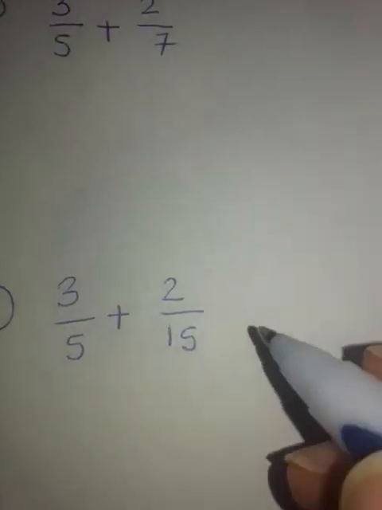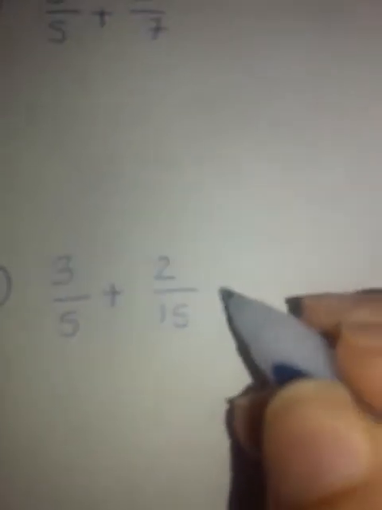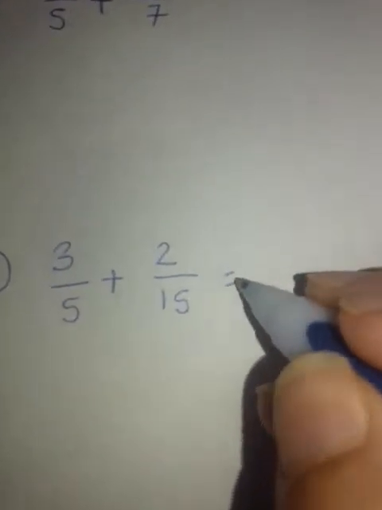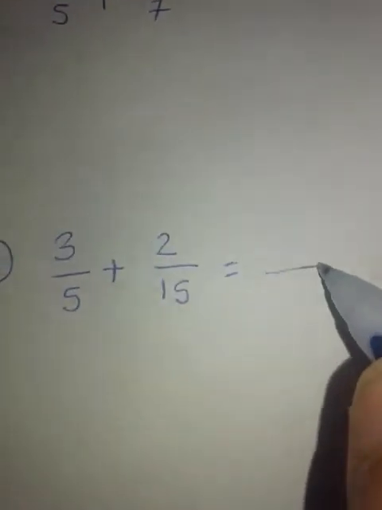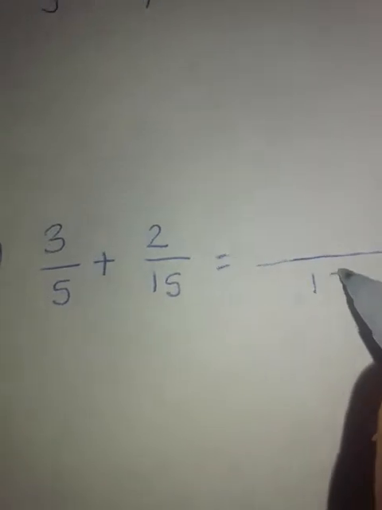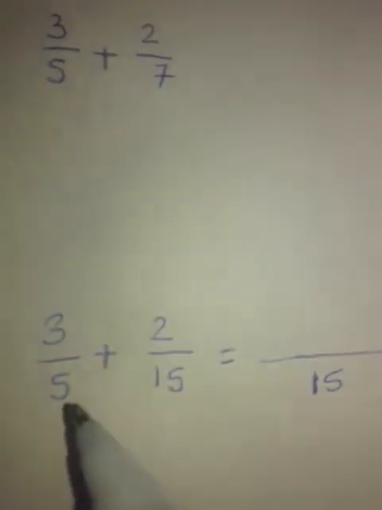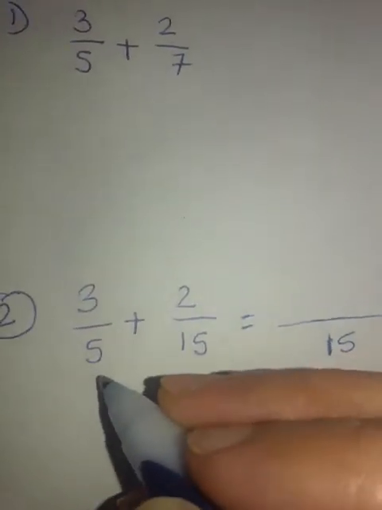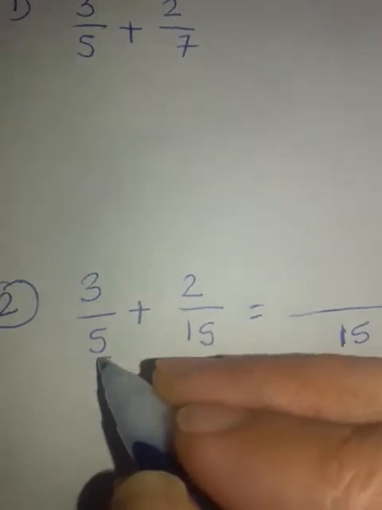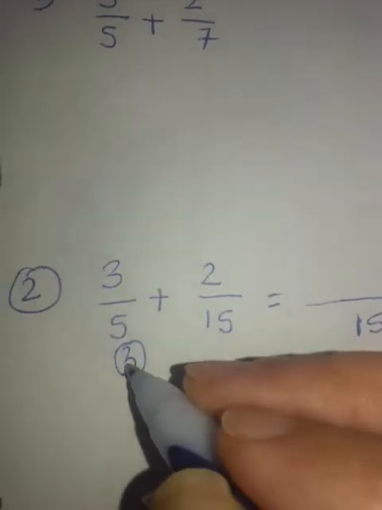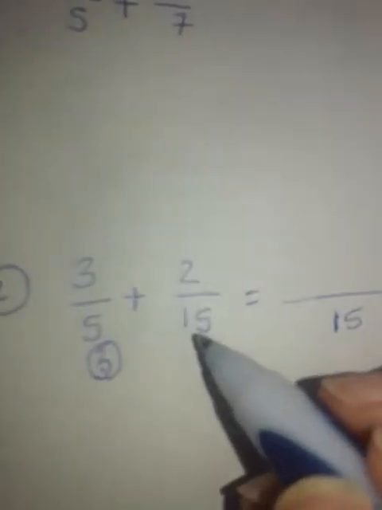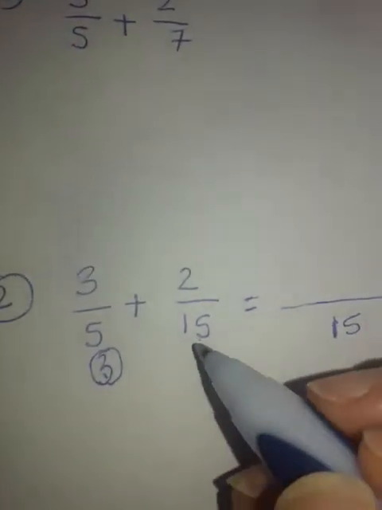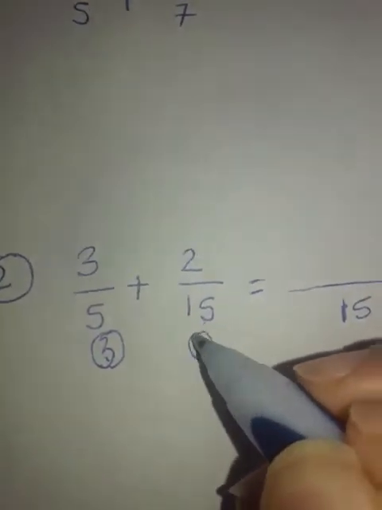So what am I going to do? Whatever is the LCM, first I am going to write it here. 15. What is the relation between 5 and 15? 5 3s are 15, isn't it? So here I am going to write 3, and let me circle it. 5 3s are 15. Between 15 and 15, what is the relation? 15 1s are 15.